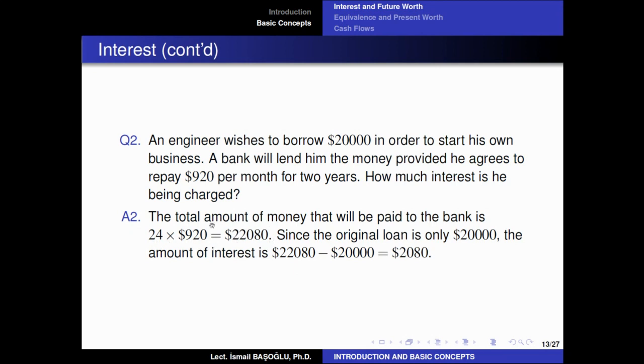So the total amount that is going to be repaid is this amount of money, while the principal that is borrowed is $20,000. So the difference between this total repaid amount and this $20,000 is going to be called the interest amount, which is $2,080.